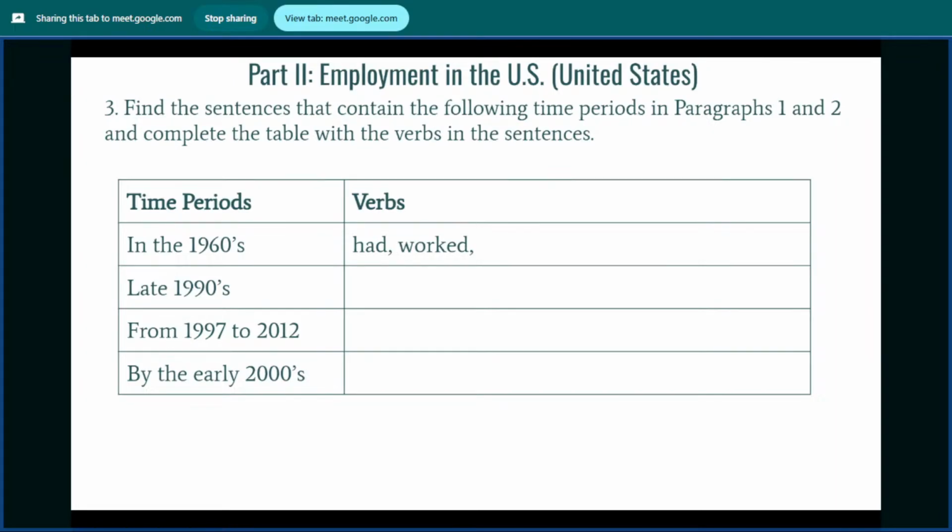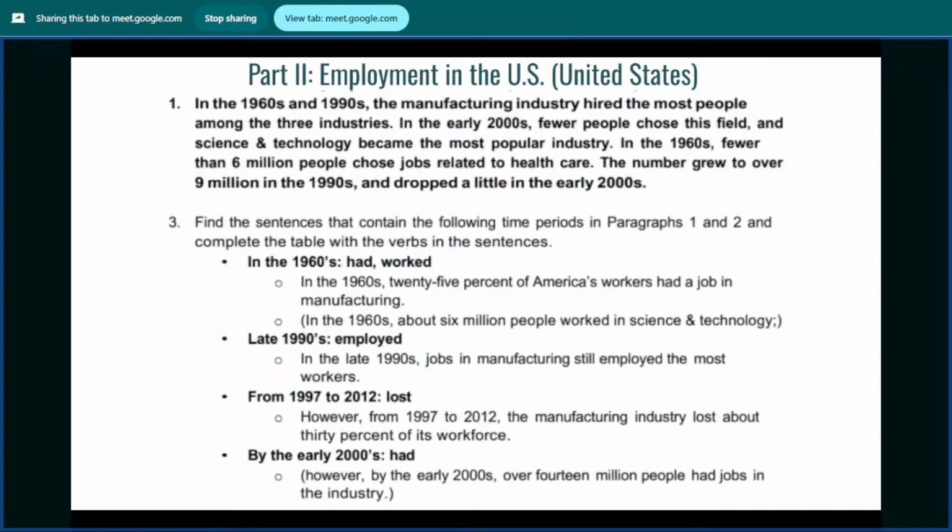Yeah, I'm done. Okay, tell me the verbs which you have marked. Used, have, had, employed, and lost. Okay, very good. Yeah, had worked, employed, lost, and had.